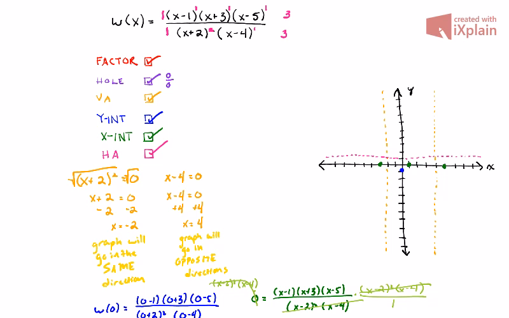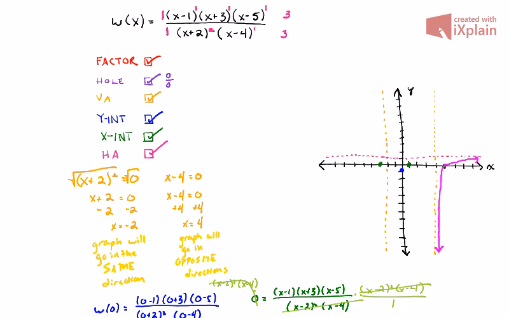So as you can see here, I'm going to look over in this area, and I note that I have my x-intercept at x is equal to 5. So I know it's going to hug the horizontal asymptote, and it's going to pass through and hug the vertical.